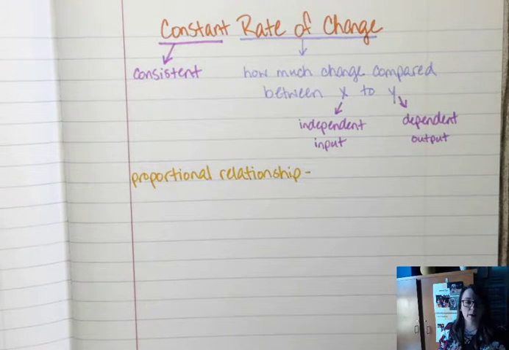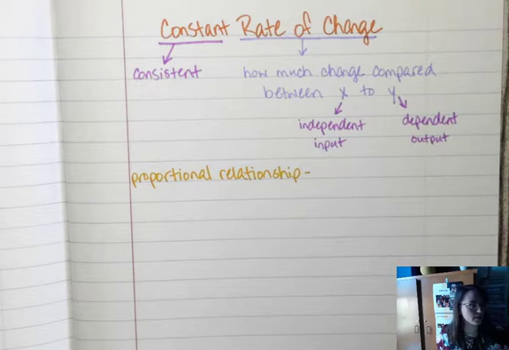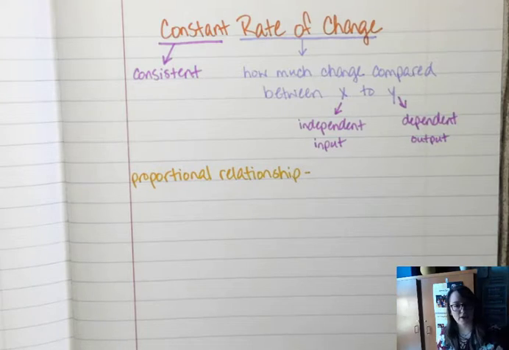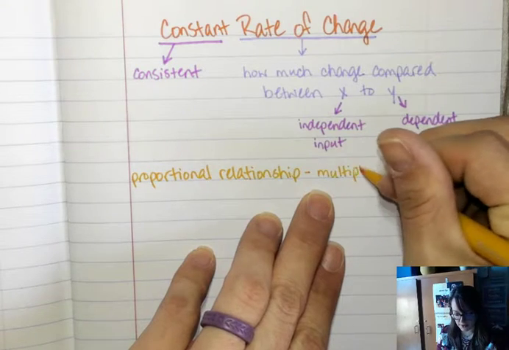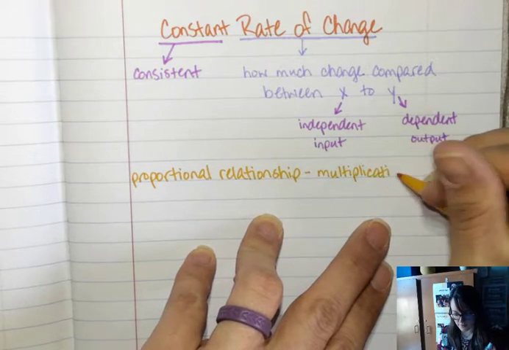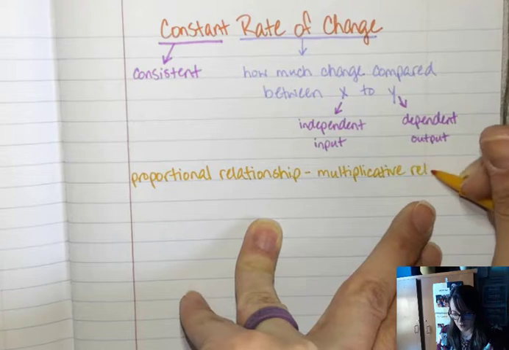The most important thing about proportions is we're talking about a multiplicative relationship. We're multiplying, and we're multiplying by fractions, which we know is the same as kind of dividing. So it is a multiplicative relationship.